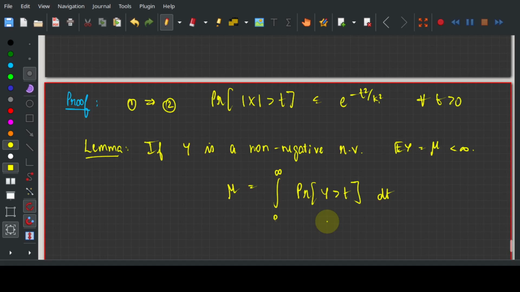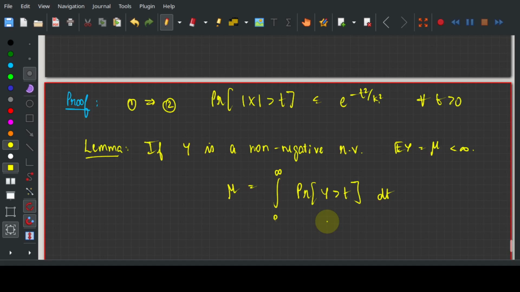Okay, so I leave this as an exercise, but maybe give you a hint. What is the expression for the mean of a non-negative random variable? It's integral 0 to infinity x times the density of x dx, right? Correct. So that would be the CDF.